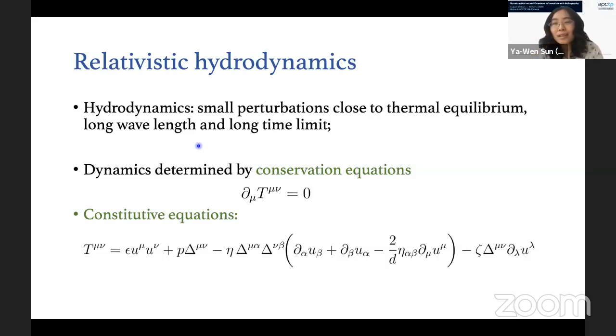Hydrodynamics describes a lot of systems in our universe, like the quark-gluon plasma in QCD, and Weyl semimetals and graphene in condensed matter systems. The dynamics of hydrodynamics is determined by conservation equations of conserved currents.